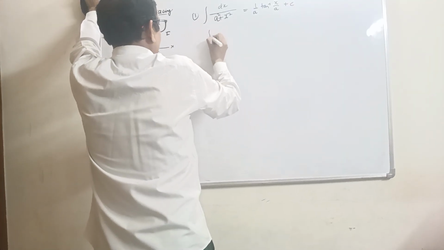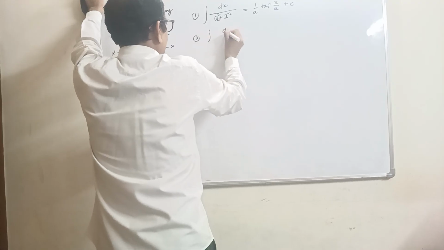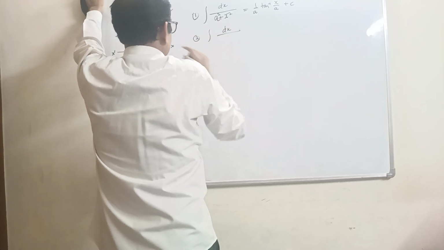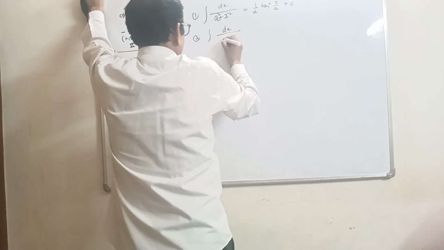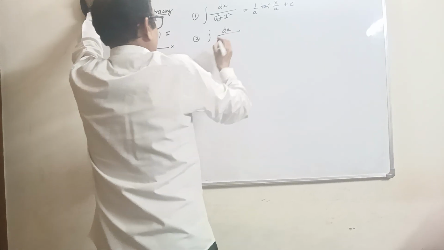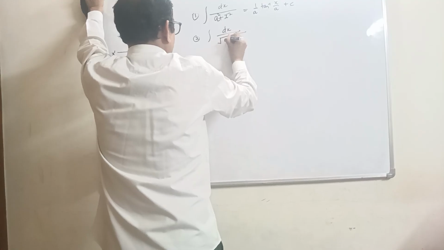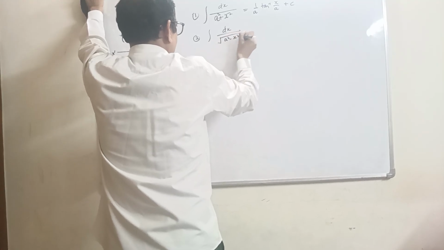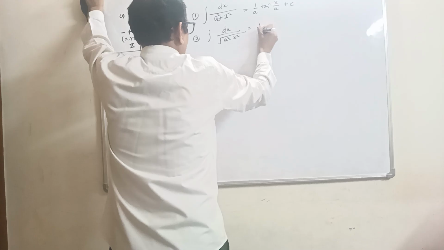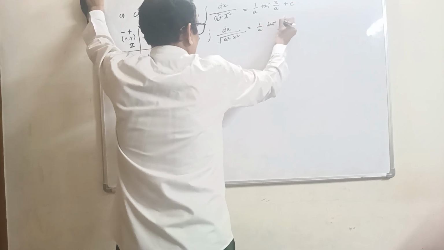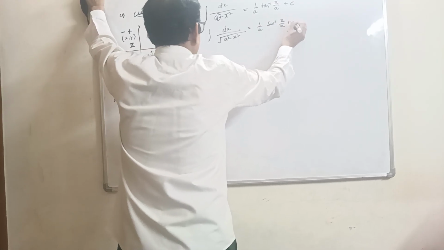This is first. Second is dx upon root of a square minus x square. So this becomes 1 upon a sin inverse x upon a plus c.